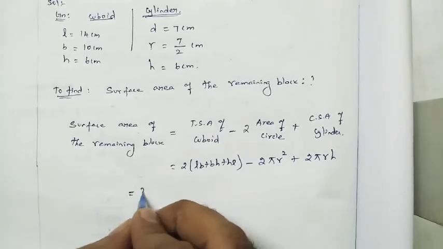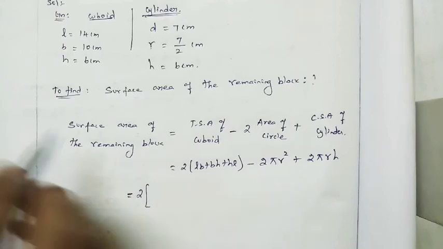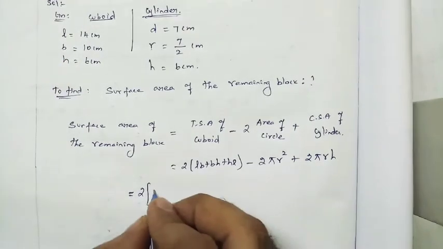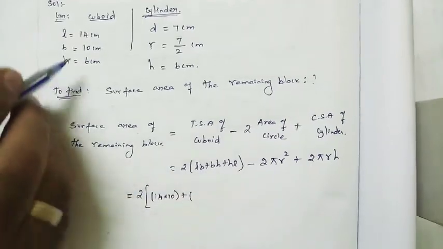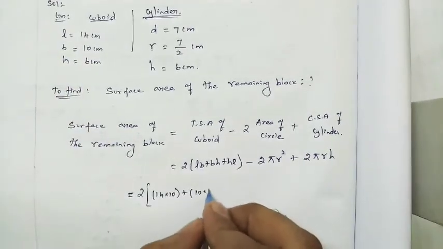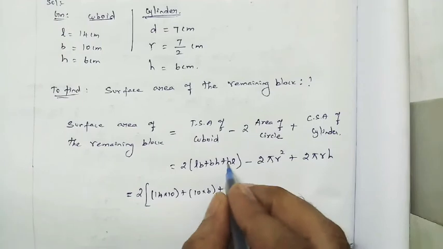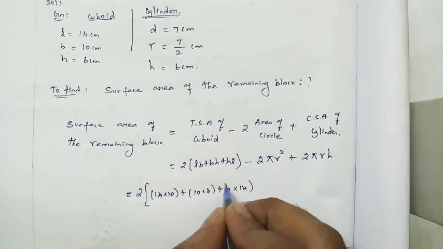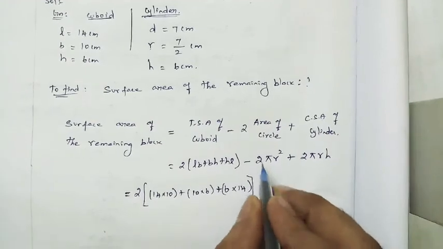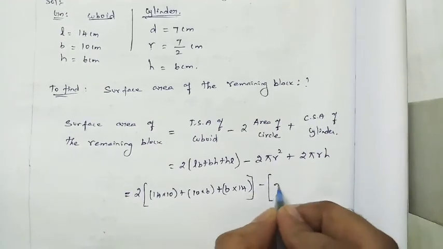It is equal to 2 times (L into B, what is L, 14 into 10, plus B into H, breadth into height, 10 into 6, plus H into L, 6 into 14). Close the bracket, minus, open the bracket, 2 pi r squared.